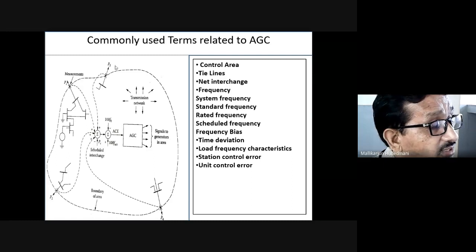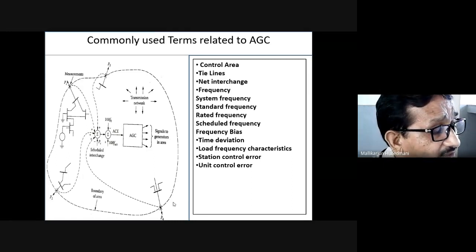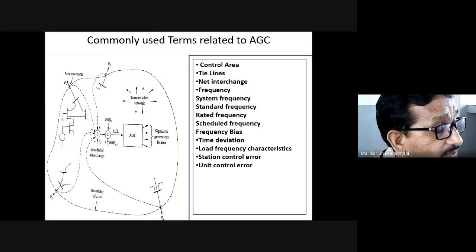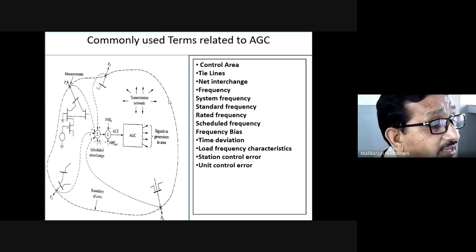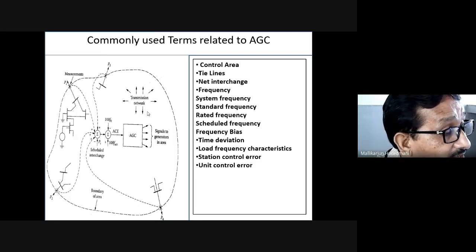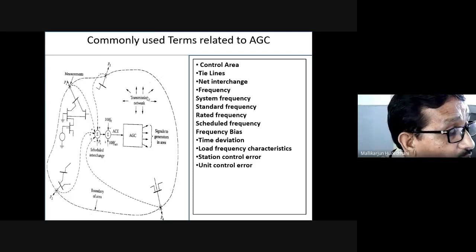The dotted line shows this is a region. A control area is a region. It is a part of the power system or a power system. Up to that boundary, common control signals reach from the generating controller. The automatic generation controller signals increase the generation, decrease the generation, or isolate the load.